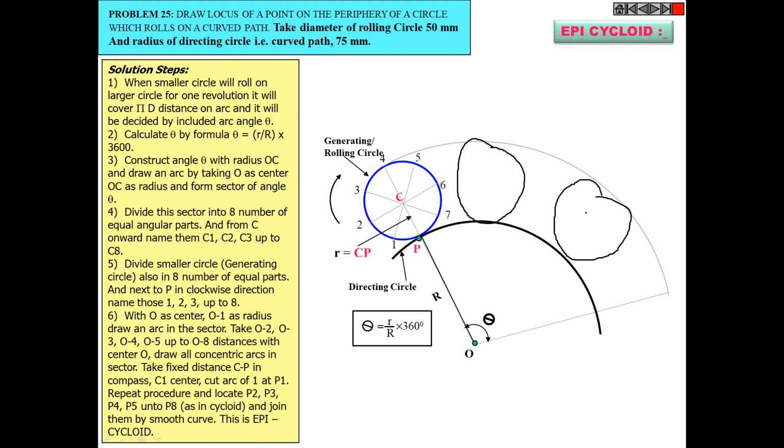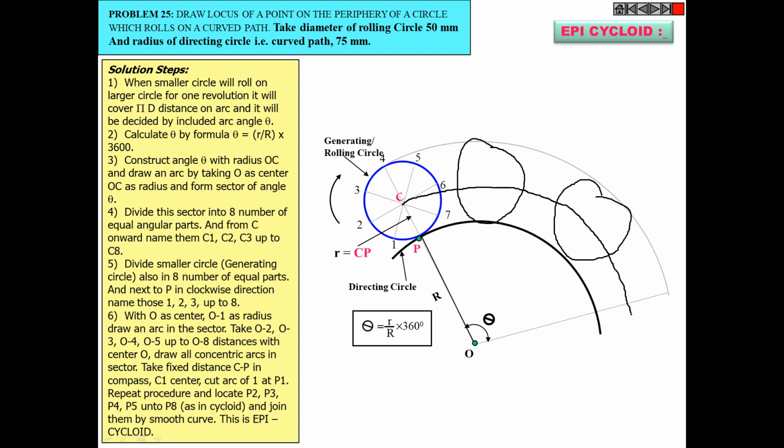How will you get that center line? For that, you take your compass and measure length OC. Place your compass at point O, distance is OC, and just draw a curved line like this.